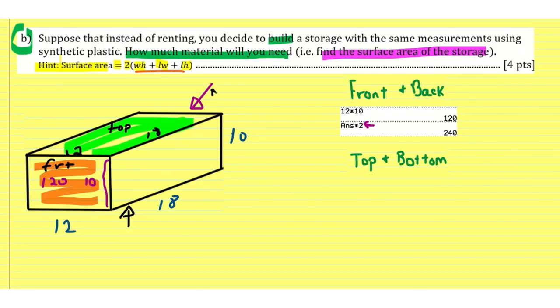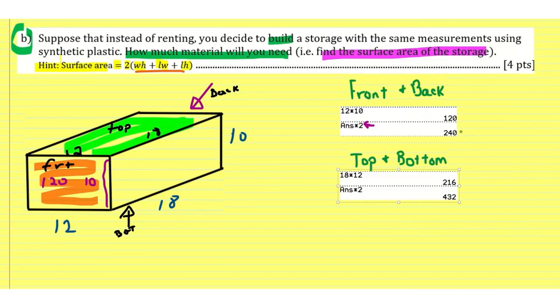This was the back right there, and this is of course the bottom down here. When we crunch that out, the top that's 18 by 12 is going to be 216, but then when we count the top and the bottom times 2, we get 432.